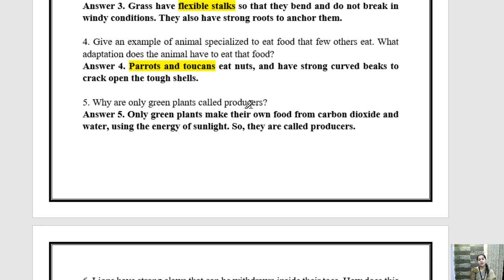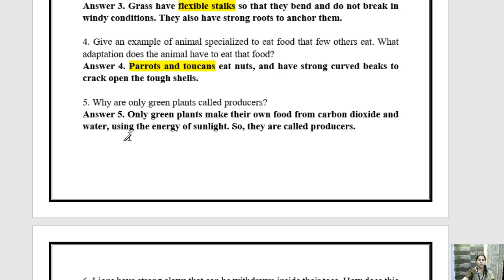So that is why they are called producers. Producers are also called autotrophs. So answer number 5 is: only green plants make their own food from carbon dioxide and water using the energy of sunlight. So they are called producers.